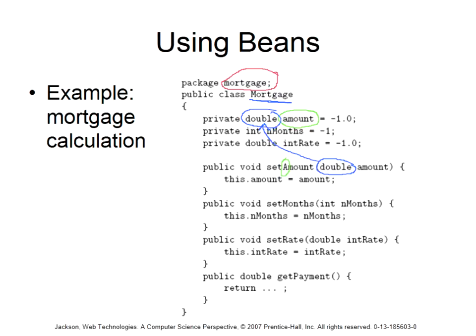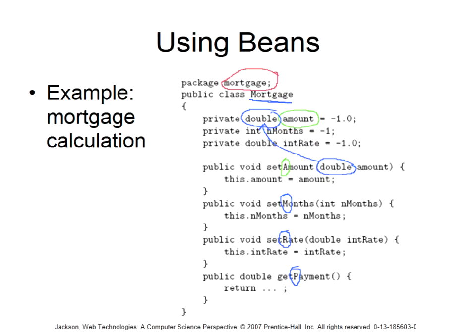Because the amount is double, the same type. After that, public void setMonth, M is capital. Public void setRate, R is capital. Public double getPayment, P is capital, etc.